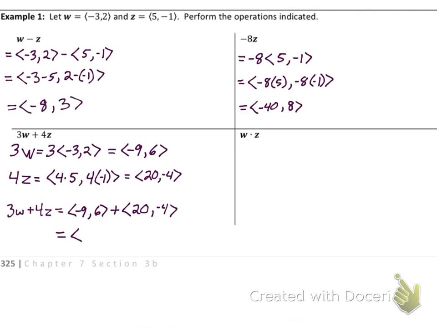Well, that's going to equal negative 9 plus 20, 6 plus a negative 4, and that's going to give me 11, comma 6 minus 4 is going to be 2. 11, 2. So if I scale W by 3, I scale Z by 4, and I add those two things together, I'm going to end up with 11, comma 2, which is way easier than drawing all those, scaling them, estimating, and then adding them.